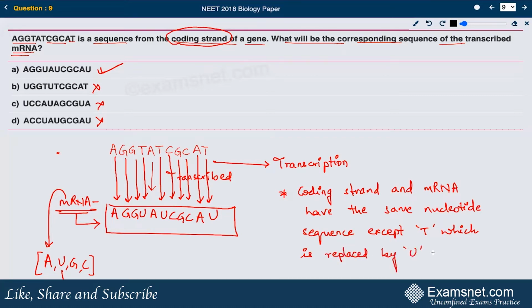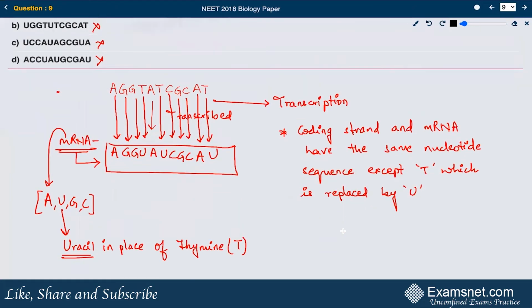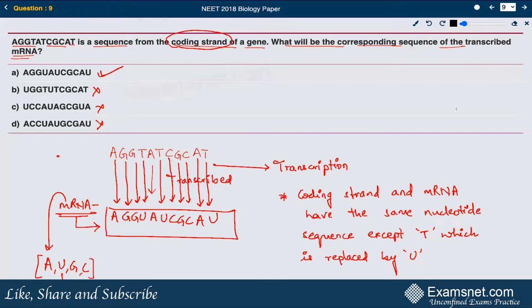All right. So this coding strand is also considered to be a sense strand. So sense and anti-sense strand, it is being called. All right. So that's why option A is the correct answer.